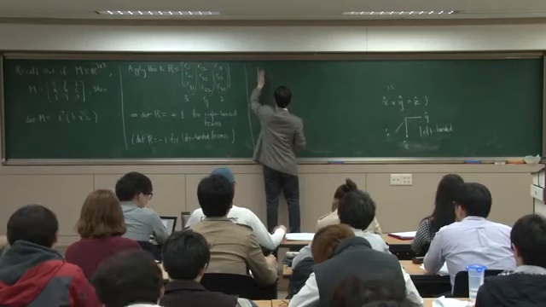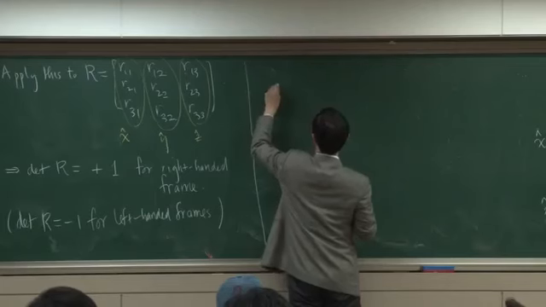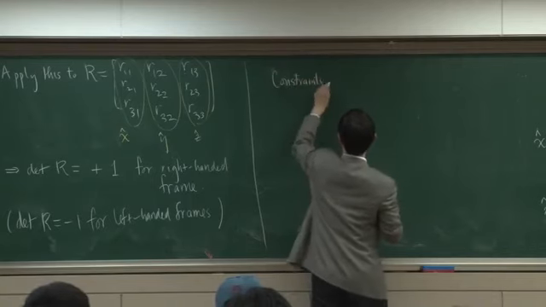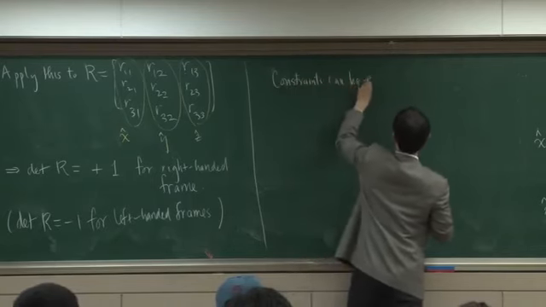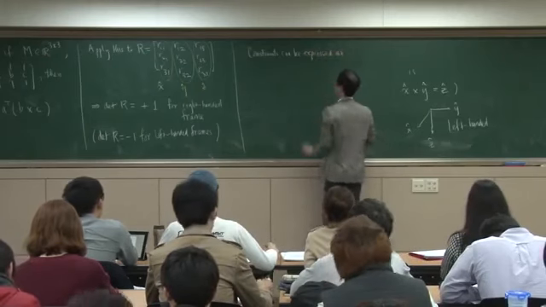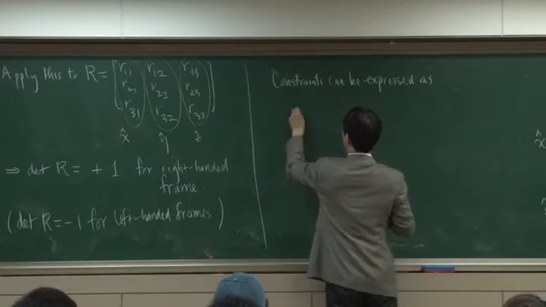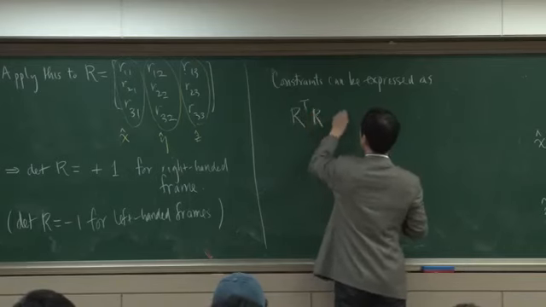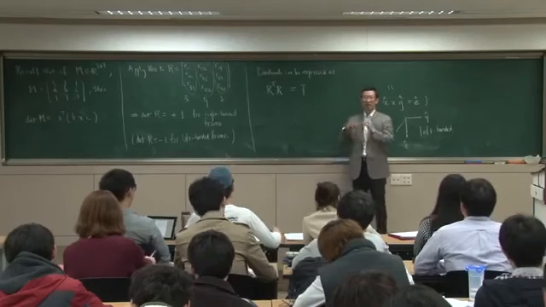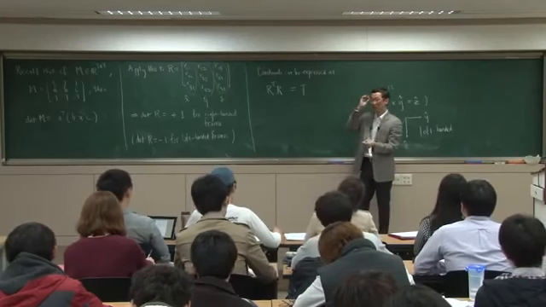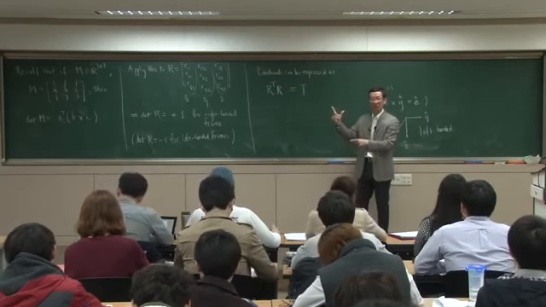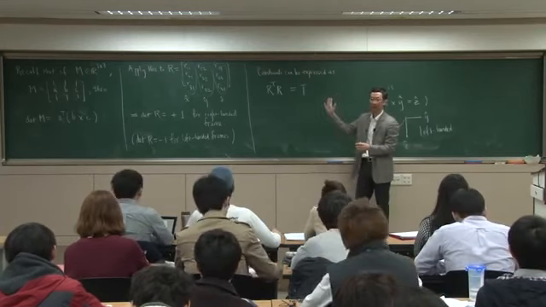The constraints can be expressed as the following: R transpose times R equals I. This takes care of the requirement that all the unit vectors are unit length and the unit vectors are orthogonal to each other.